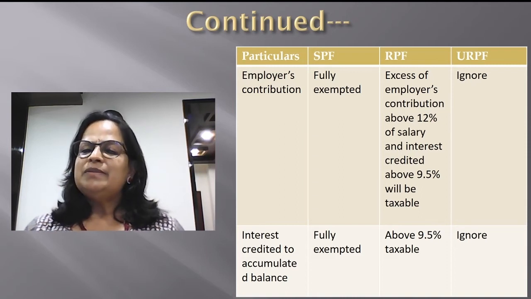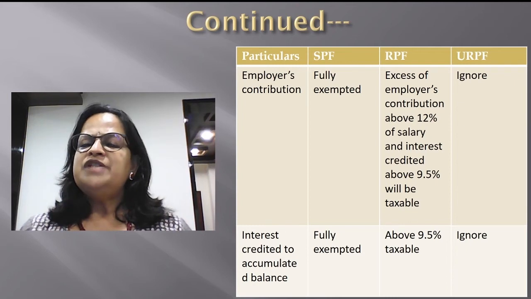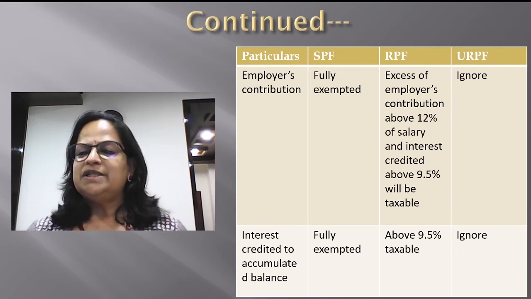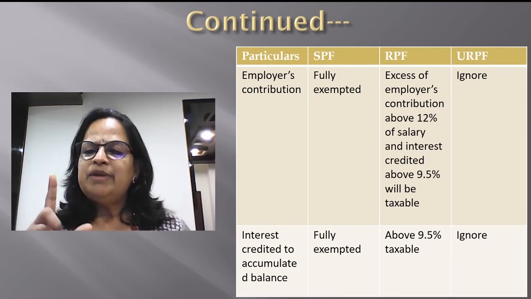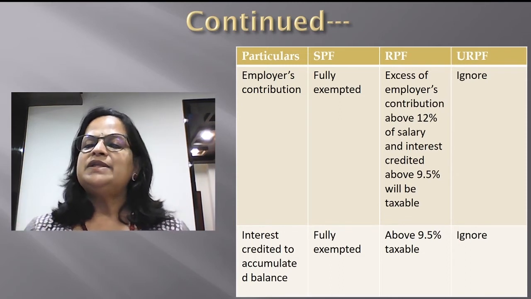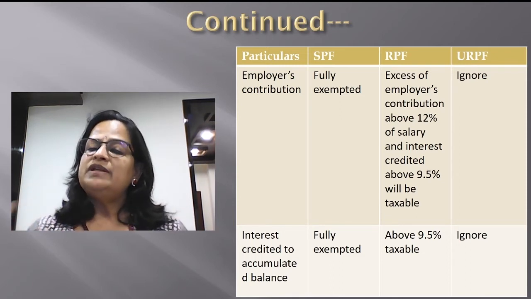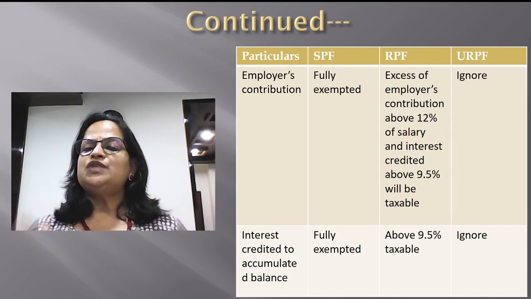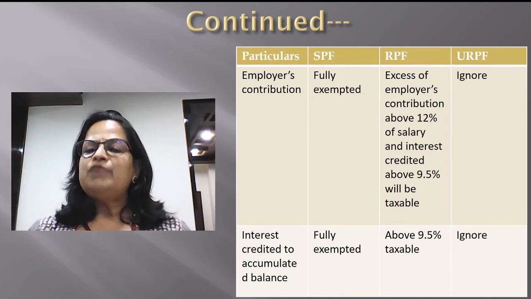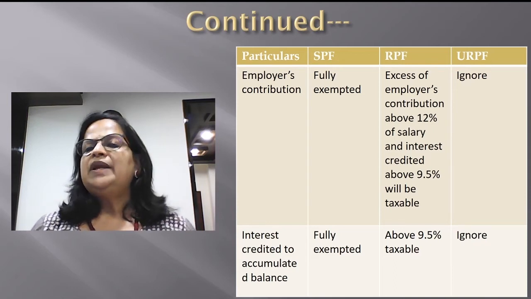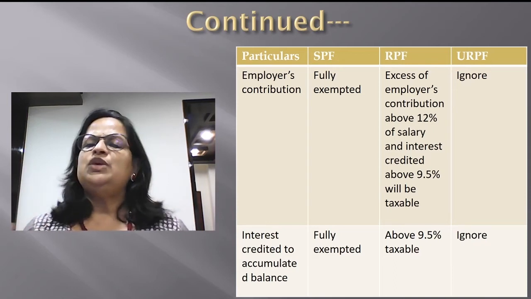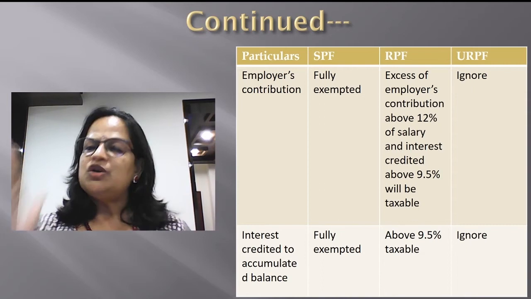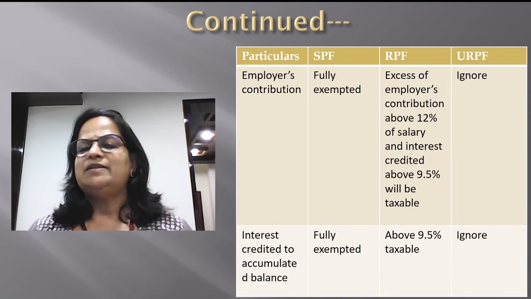Now in the problem, sometimes they will give that the employee got 11% as RPF interest. That means only 9.5% is accepted. The 1.5% is taxable because the employee is getting 11% as interest for RPF. Now unrecognized provident fund, you just ignore that. We are not bothered about that treatment. It's not recognized. They will not get any tax exemption.